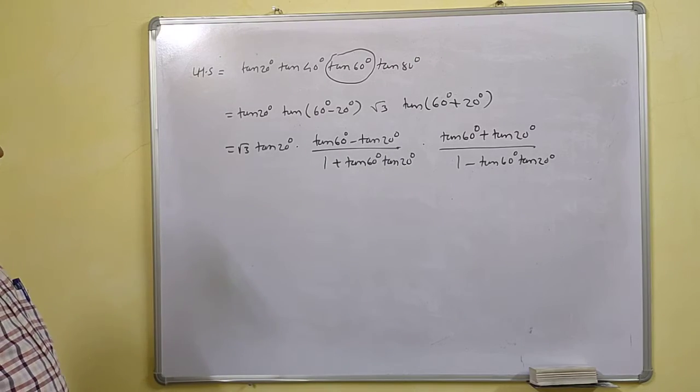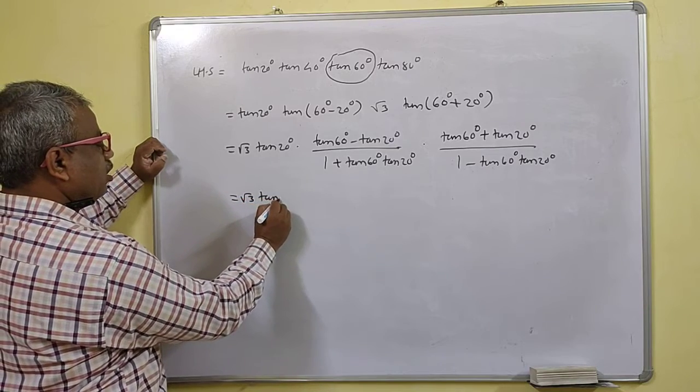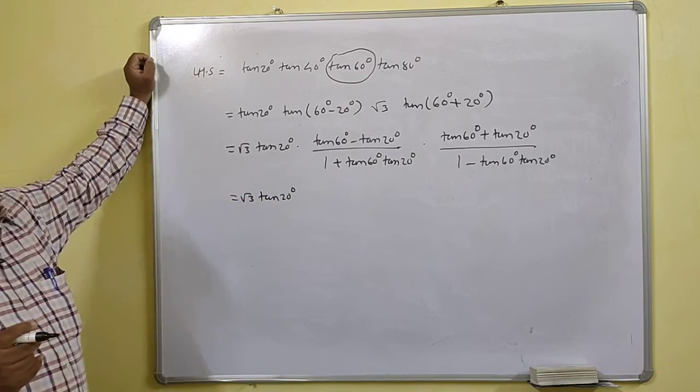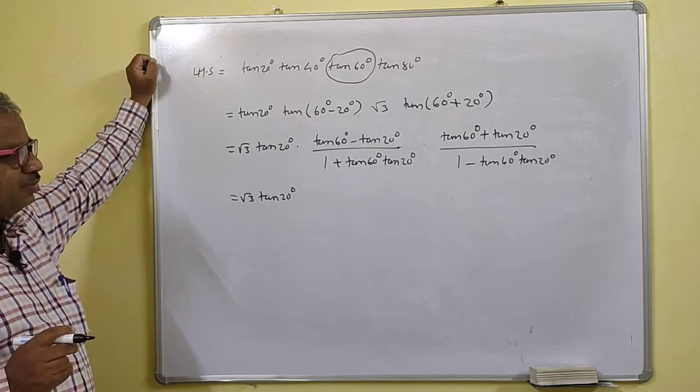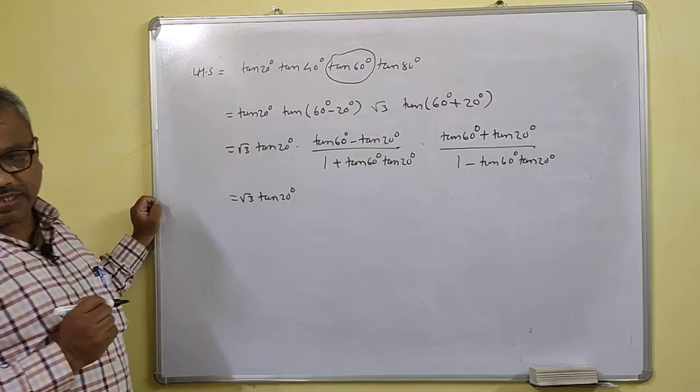Okay, so this is root 3 tan 20 degree as it is now. What I will do, I put the value of tan 60 degree.